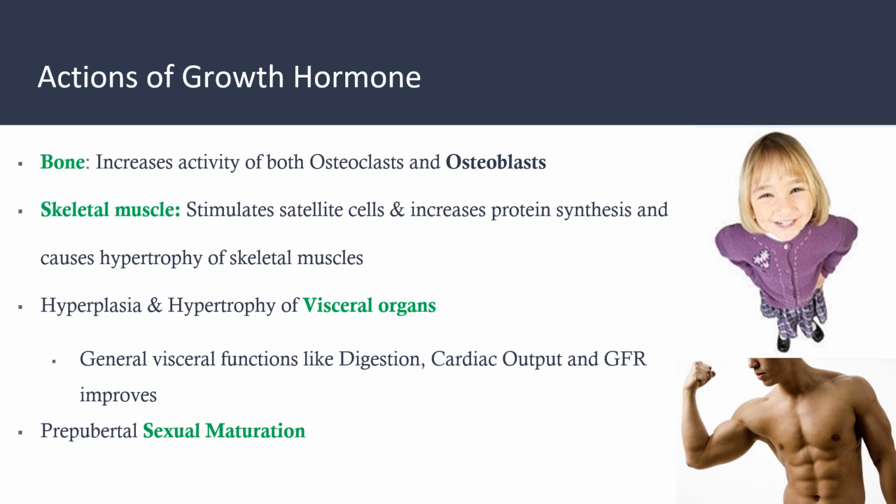Pubertal and gonadal growth. So the growth hormone increases the height during the puberty. It also sensitizes the gonads to the actions of the luteinizing hormone and follicle stimulating hormone. So the growth hormone promotes the prepubertal sexual maturation.